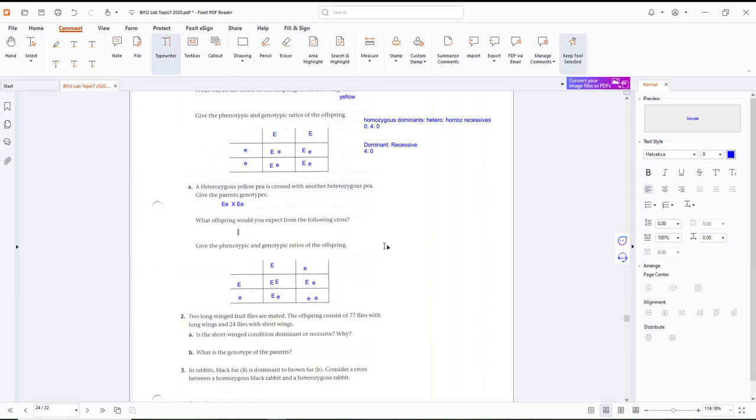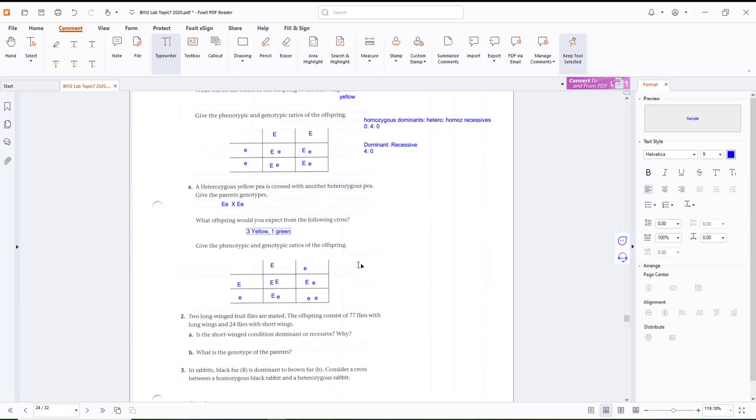So I have basically 3 yellow and 1 green. Okay, so let's do the genotypic ratios first. How many homozygous dominants?